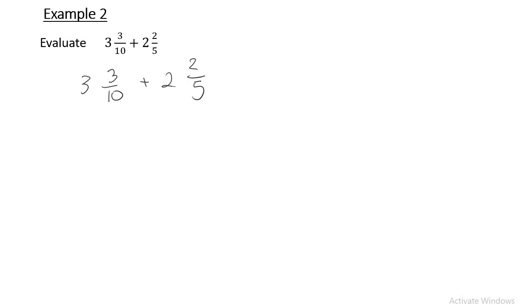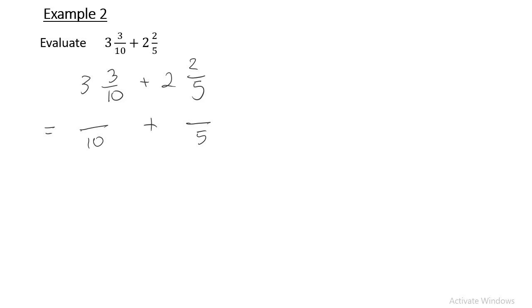The first step is to change these mixed fractions into improper ones. So the first one, again, the denominator stays the same, 10. The denominator in this one also stays the same, it's 5.